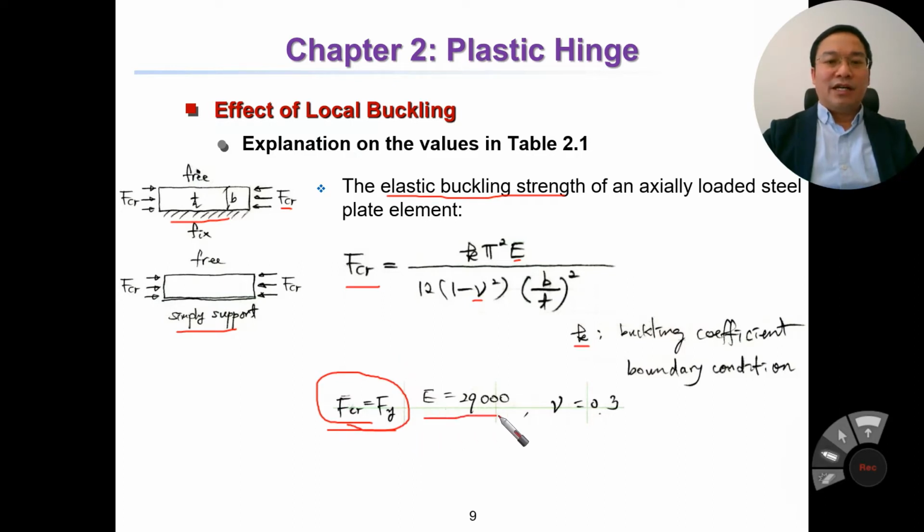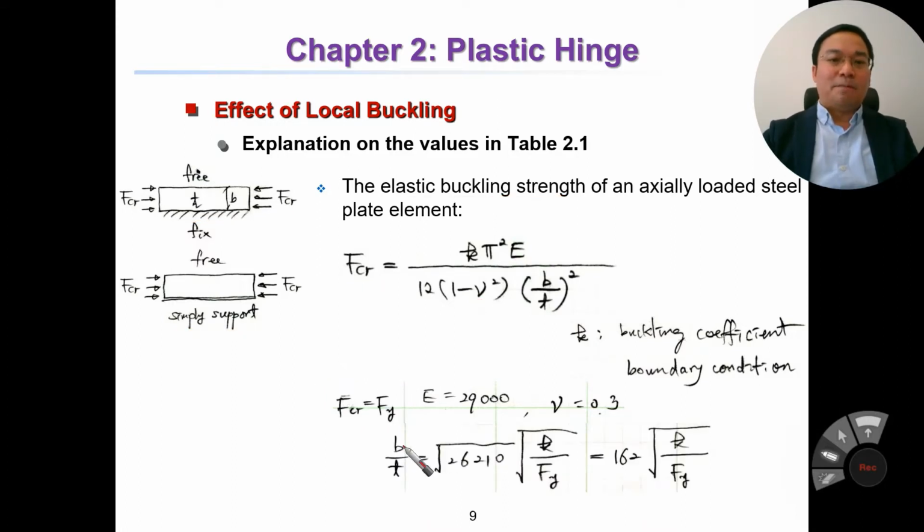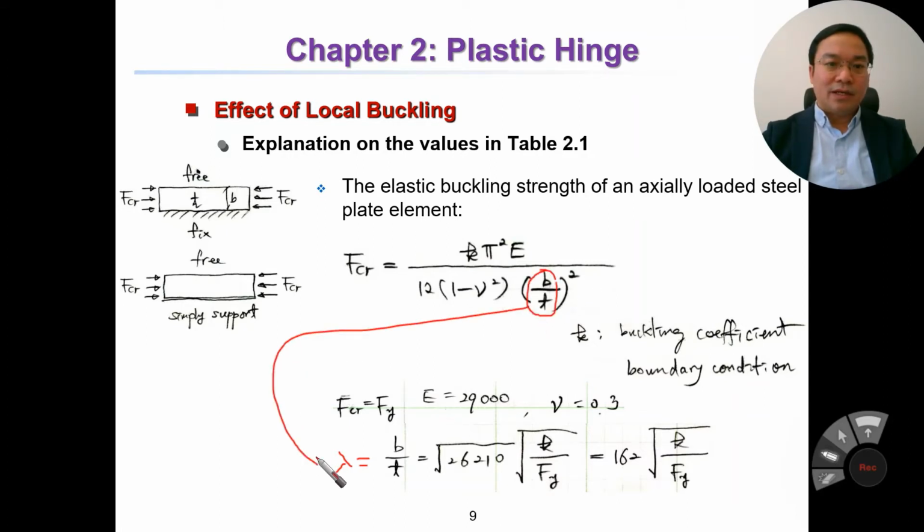And we have E of the material and nu equal to 0.3 for steel. Then we have b over t, this is lambda. Lambda equals this one, we use this one from here.